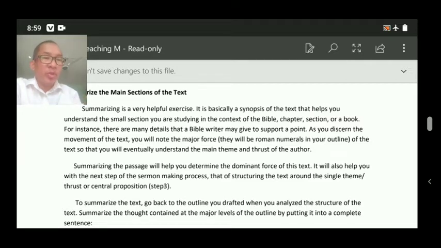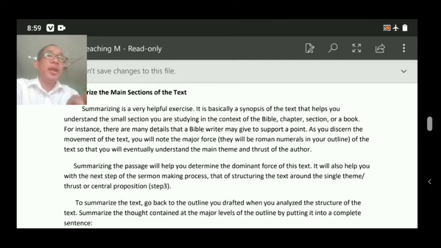So when you summarize it again, you will see the main force, the major point. We have major points and minor points. We will see that later on. So you will discover what is a major point and what is a minor point.